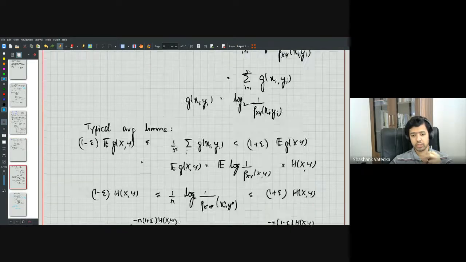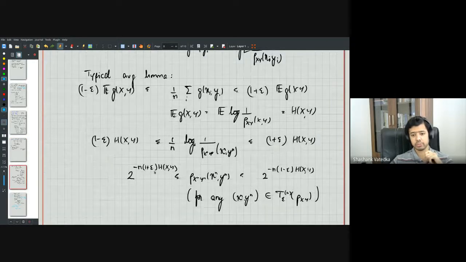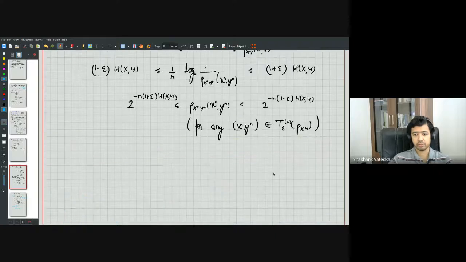But if you look at any specific pair of sequences, then this probability is roughly 2 to the minus n times H of x, right? And we know that the typical set is a high probability set. So the probability that a random pair of sequences is in the typical set is close to 1. All right, and so the probability of each pair of sequences is roughly 2 to the minus n times H of x comma y.